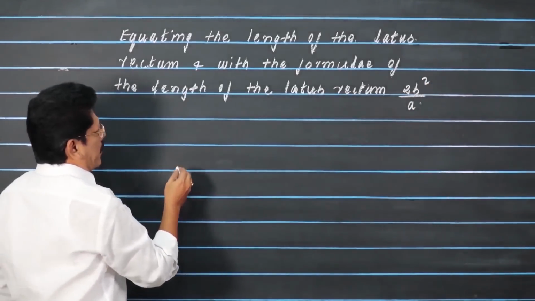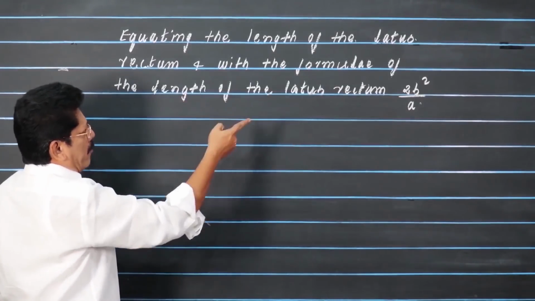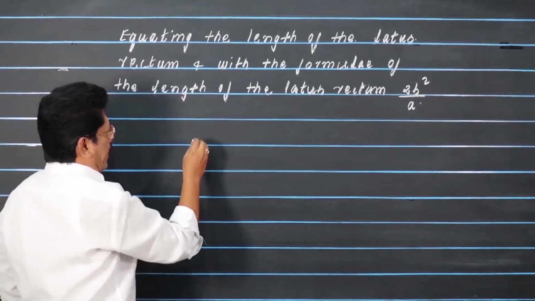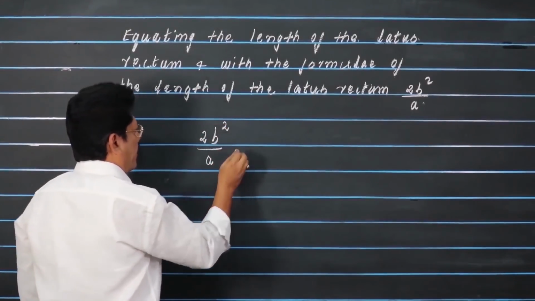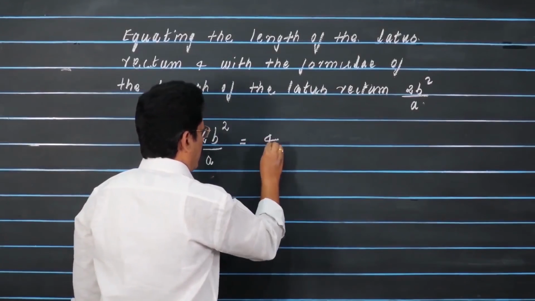Therefore, the length of the latus rectum is 4. The formula of the length of the latus rectum is 2b squared by a. 2b squared by a is equal to 4.